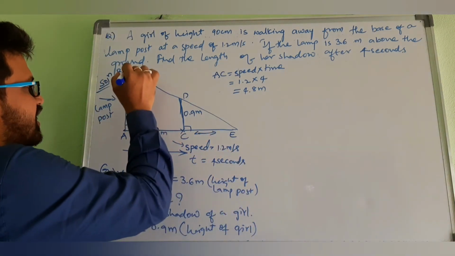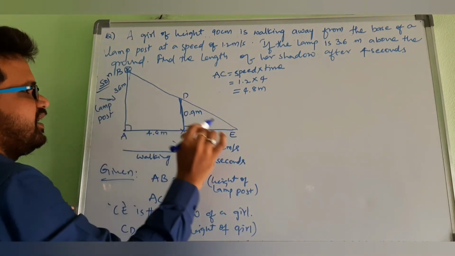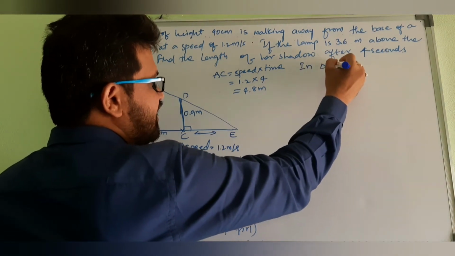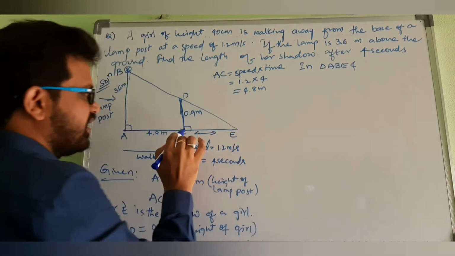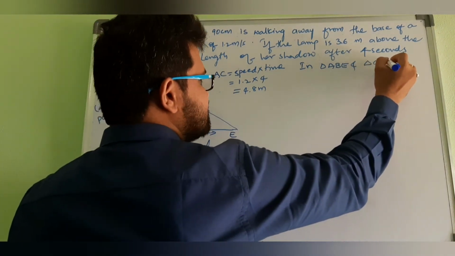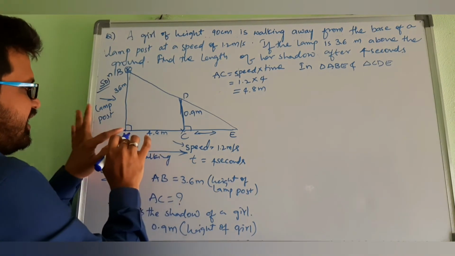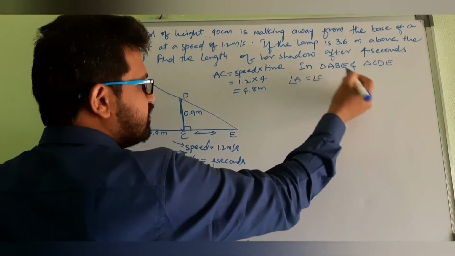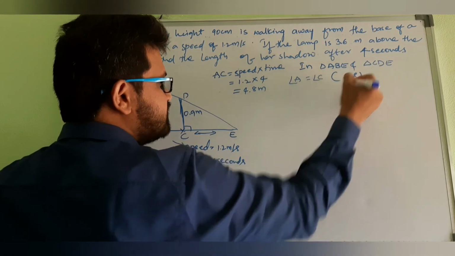So there are two triangles: triangle ABE and one more triangle, CDE. Angle A is equal to angle C, which is 90 degrees.